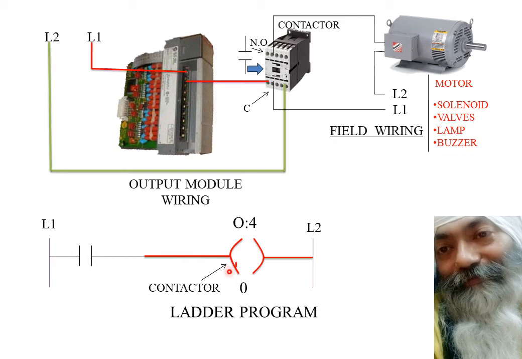In this one rung you have to have some inputs, or you may not even have an input, but you have to have at least one output. This output can be a timer output or a counter output. The rung is incomplete without an output.